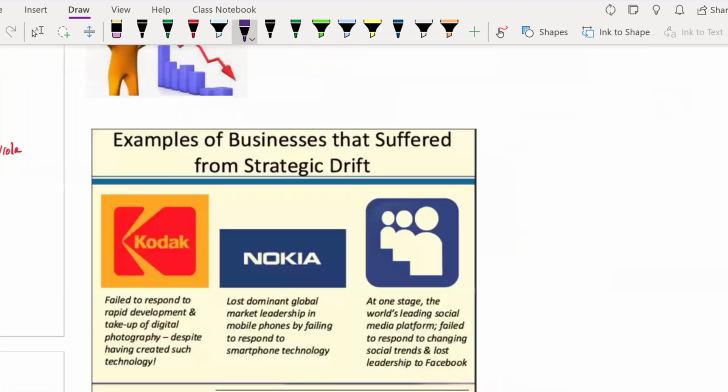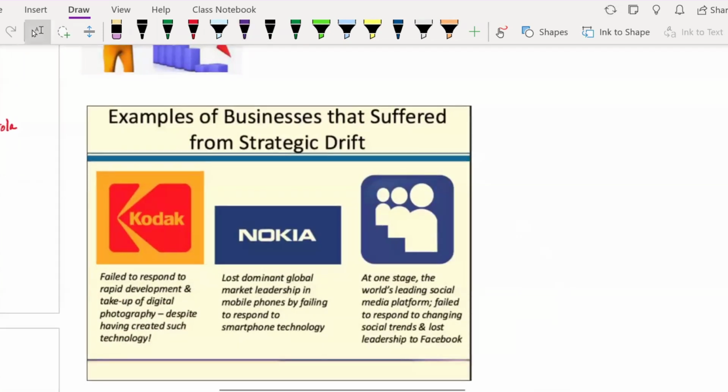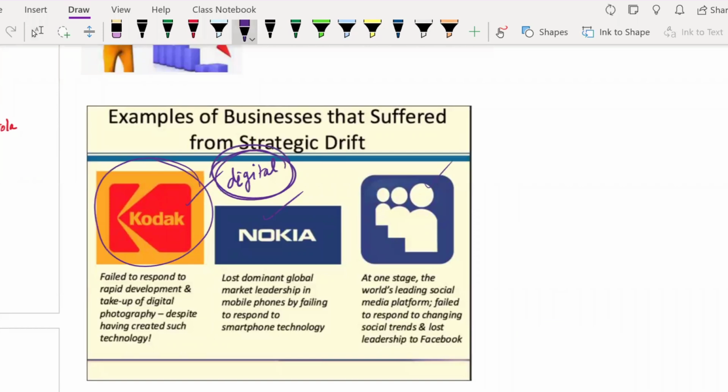Now let's discuss some real life examples. We have 3 very famous examples that have faced the strategic risk: Kodak, Nokia, and Facebook. Kodak was using films and reels. After a point of time, digital cameras came into the picture, but Kodak did not adapt to digital photography, even though Kodak was the company which created digital photography in the first place.